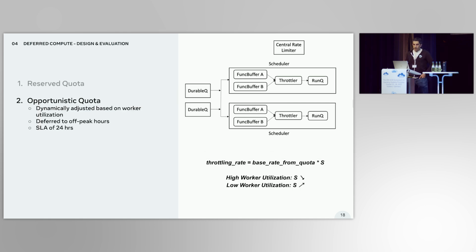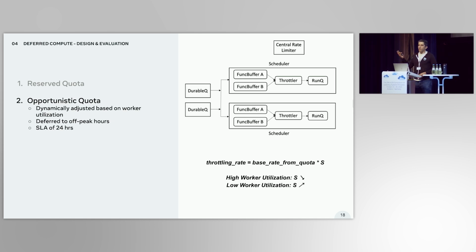We also have a different flavor of quota, opportunistic quota. In opportunistic quota, the enforcement and throttling is very similar to the reserved quota. The main difference here is that the throttling rate that we're going to use for these functions is going to be adjusted based on the worker utilization.